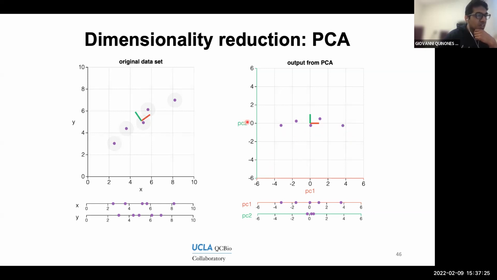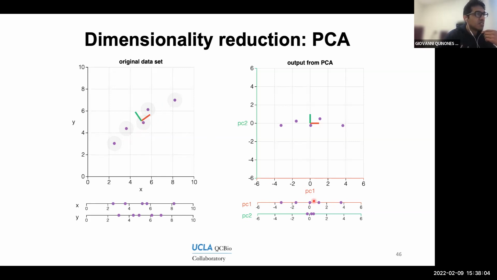What about the PC2 direction? When you're looking at this axis, you see that your points are not as spread as in PC1. They're pretty clustered within a much smaller region, and that's something you can see here in the PC2 projection. So what we have accomplished is that if we use PC1 only, we're pretty much capturing most of the original information, because the projection across PC1 looks very similar to our original data.